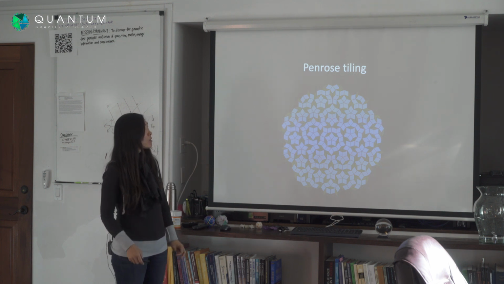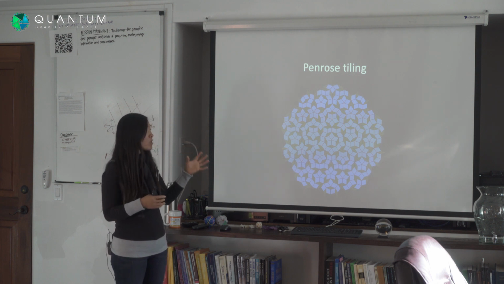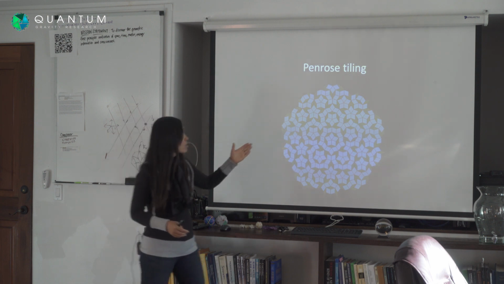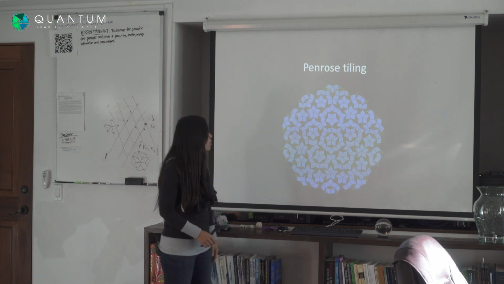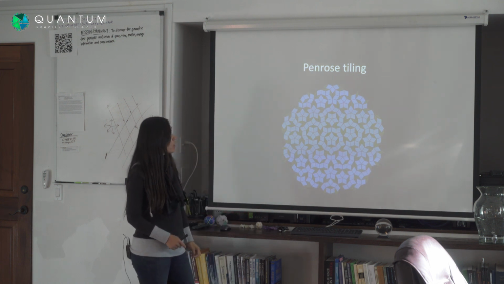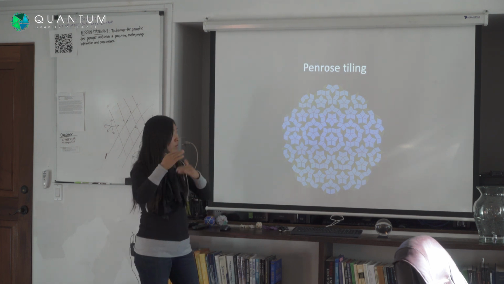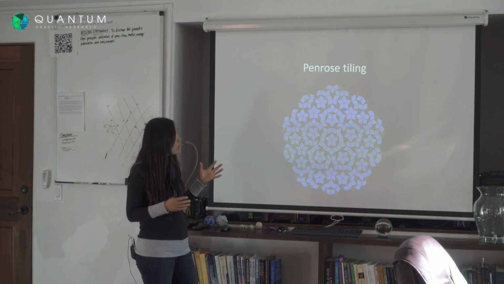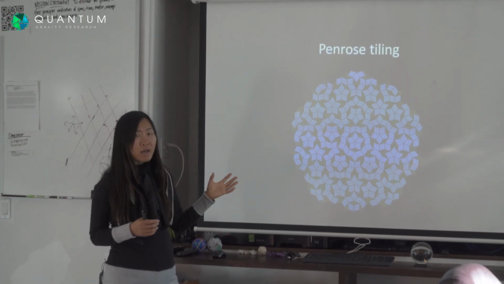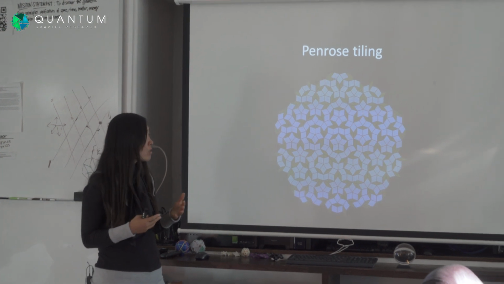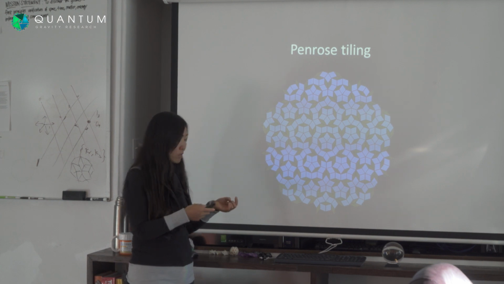Because I'm trying to focus on the phason dynamics, when I did this exploration I was wondering, is there any other way that I can look at it other than just shifting the grid or shifting the window? Can I find some code in the Penrose Tiling? That was my motivation, some kind of code related to the dynamics.